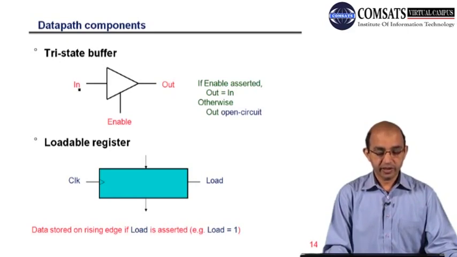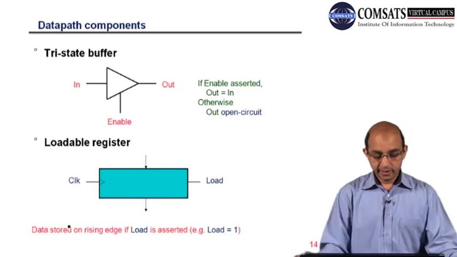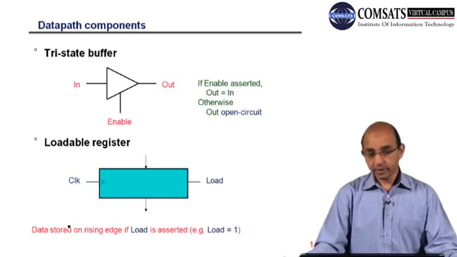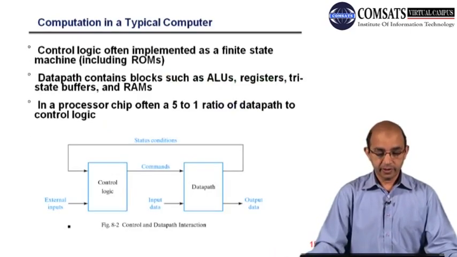Here you can see that if enable is high, this input will be propagated to the output. Otherwise, when enable is low, it will act as an open switch. Then this is the loadable register. Whenever we have load high, the data has to be loaded. These are the two components that are being used for the data path.